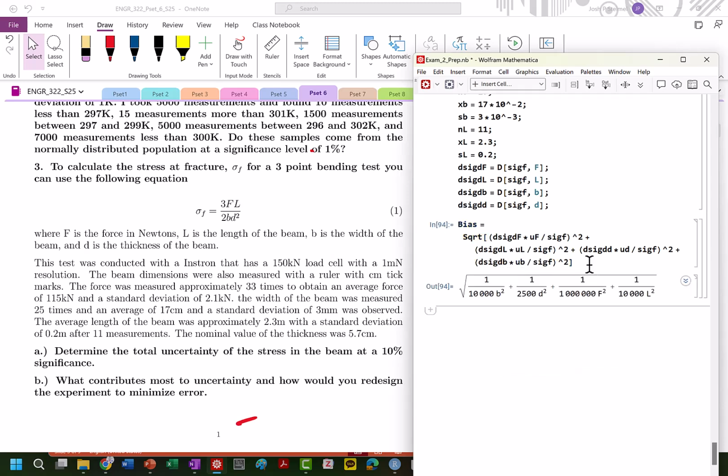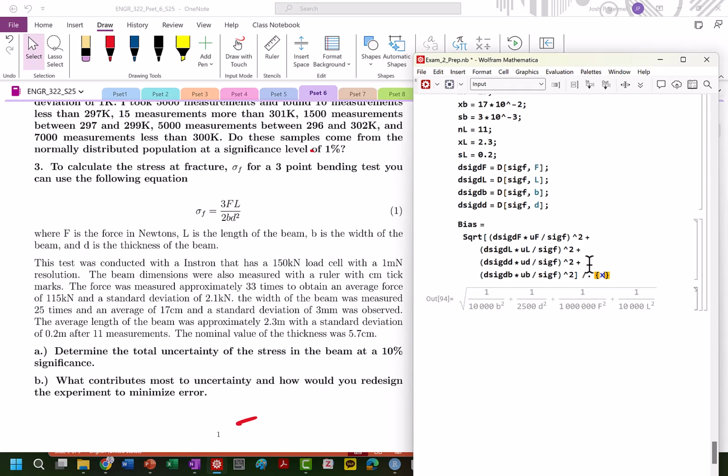Shift enter, I'm going to do slash dot, b goes to xb, d goes to, now the nominal value of thickness was 5.7 times 10 to the minus 2, f goes to xf, and then l goes to xl. And there we go. So that is our uncertainty for this particular problem.